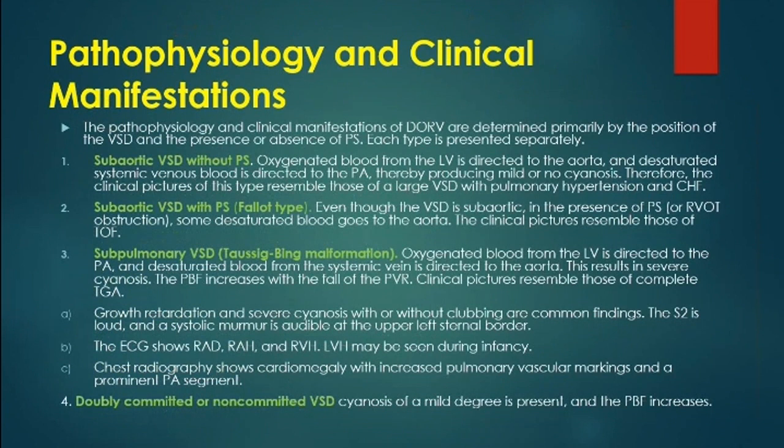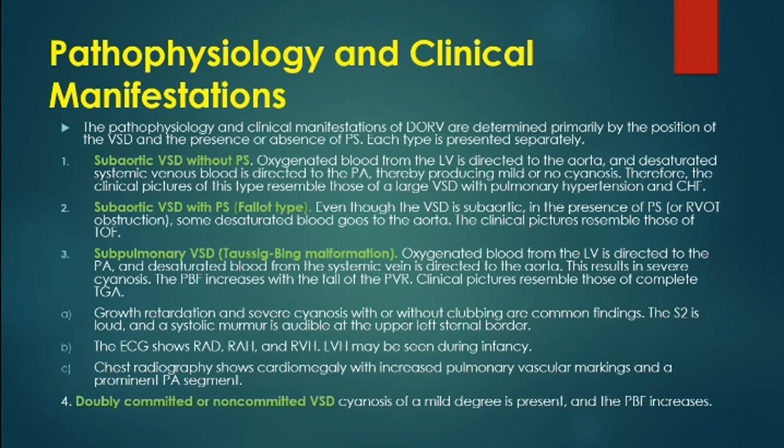So according to these different pathologies and the types of VSDs and the presence of pulmonary stenosis, the pathophysiology and clinical manifestations of the double outlet right ventricle present differently. First, the subaortic VSD without pulmonary stenosis.